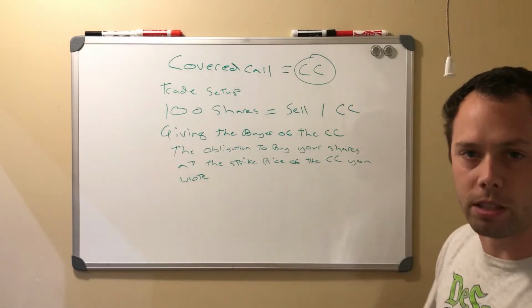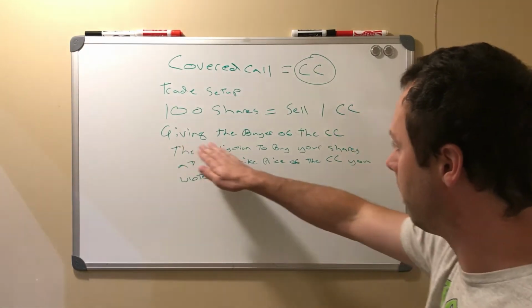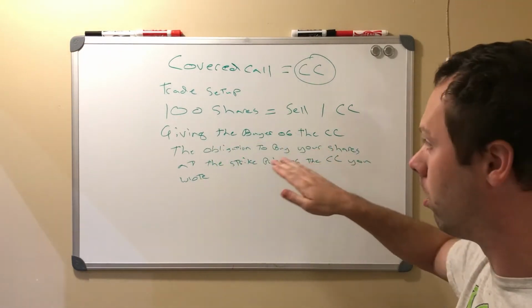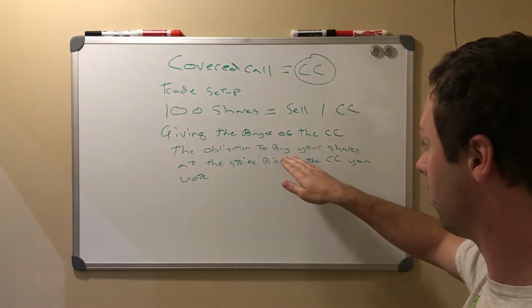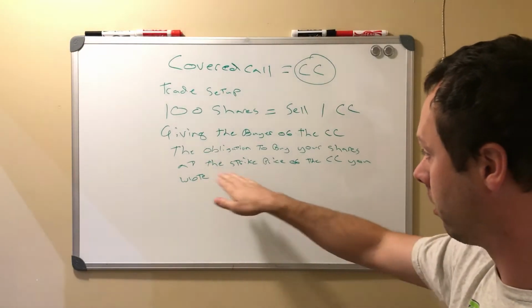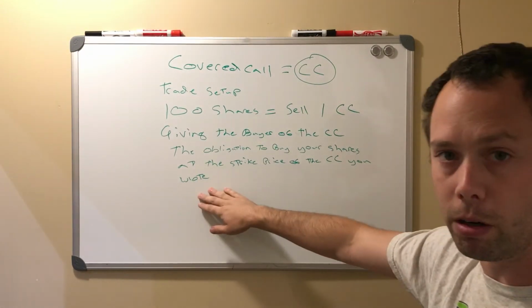Okay, my handwriting's terrible. I just want to write it out. But you're giving the buyer of the covered call the obligation to buy your shares at the strike price of the covered call that you wrote.